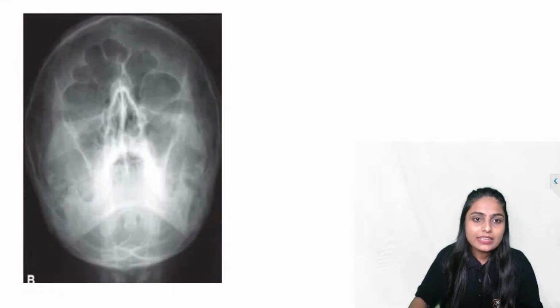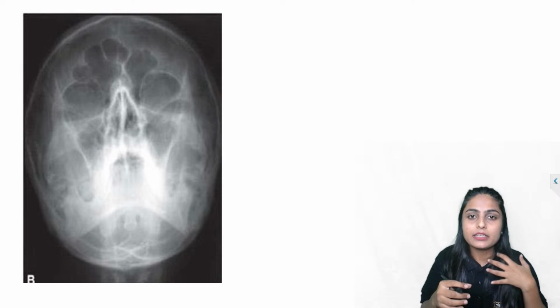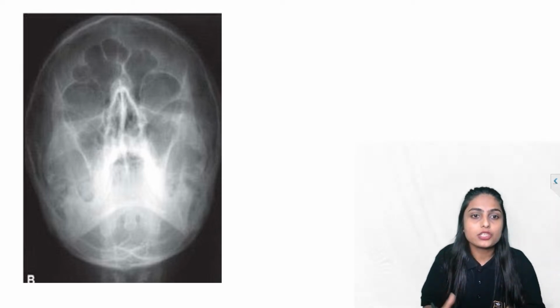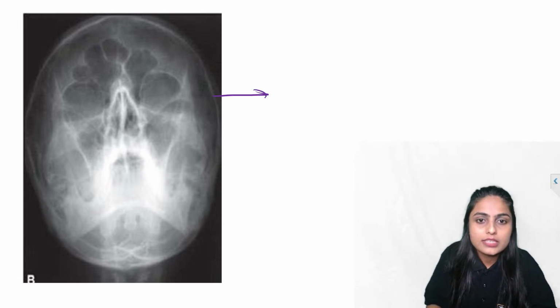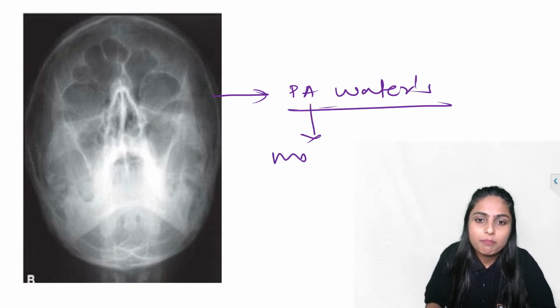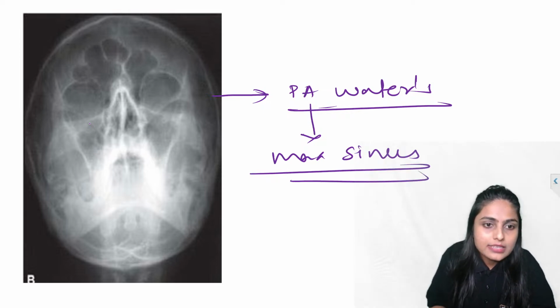Identifying the radiograph is also very important. They might give you one radiograph and ask you to identify it or its indications. So this is a PA Waters view. PA Waters view, we all know, is done to check the maxillary sinus.